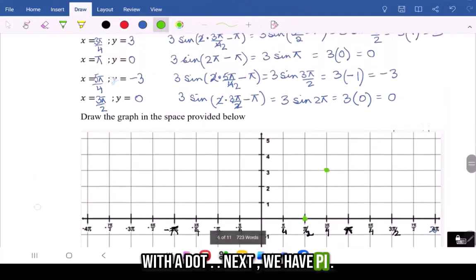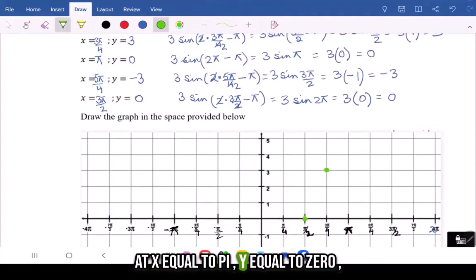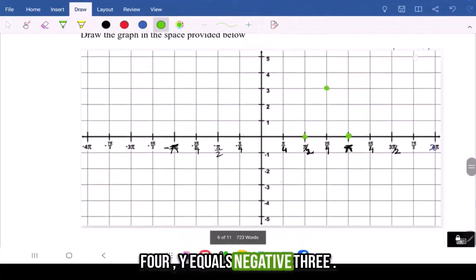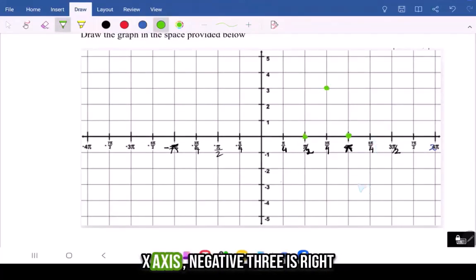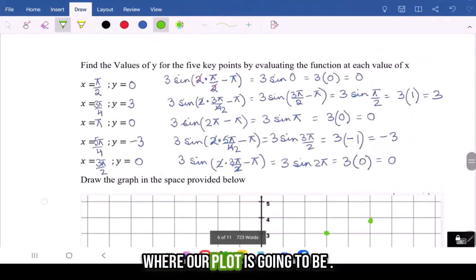Next we have pi. At x equal to pi, y equals 0. So which would be this point here. And then at 5 pi over 4, y equals negative 3. This is 5 pi over 4 on the x-axis. Negative 3 is right here along the y-axis. So this is where our plot is going to be.